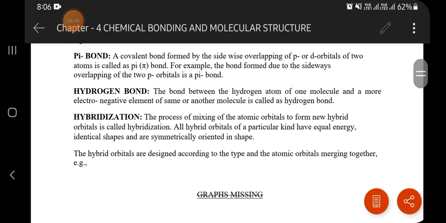Hybridization. The process of mixing of the atomic orbitals to form new hybrid orbitals is called hybridization. All hybrid orbitals of a particular kind have equal energy, identical shapes, and are symmetrically oriented in space. The hybrid orbitals are designated according to the type and the atomic orbitals merging together.